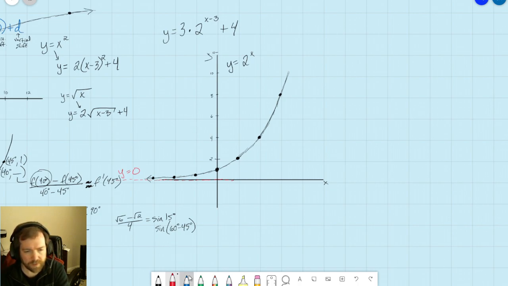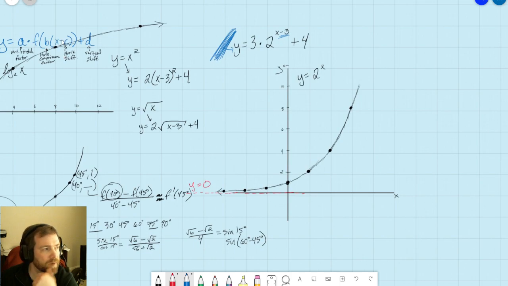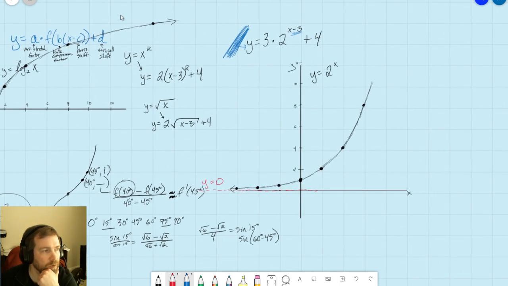All right, so what we're going to see with this is that we're going to take our original function, which is just y equals 2^x, and we're going to do these shifts first, which is what I recommend. Now, in the case of an x minus 3 in the exponent, what you're saying here is this is, again, a horizontal shift. This is the same as our x minus c that we see in the general form.